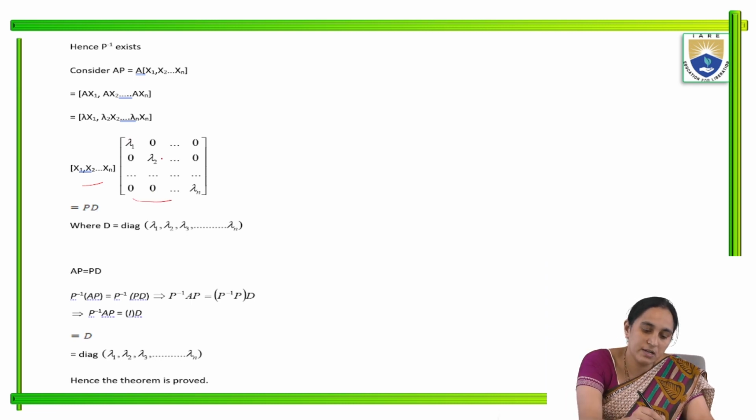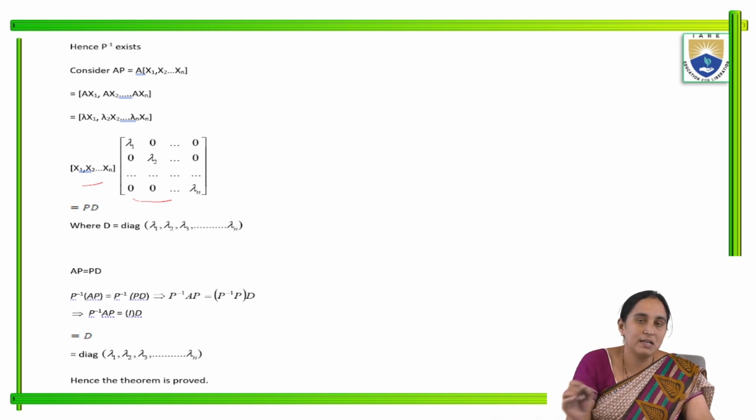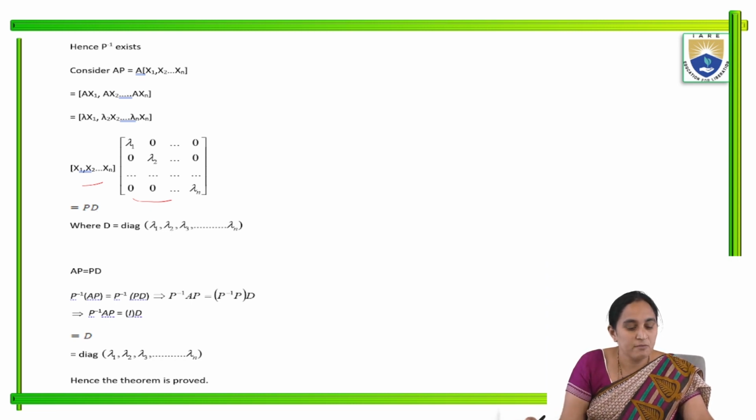Observe here that except for the diagonal, all the remaining entries are zeros. So I write it as P into D, where D is the diagonal matrix.